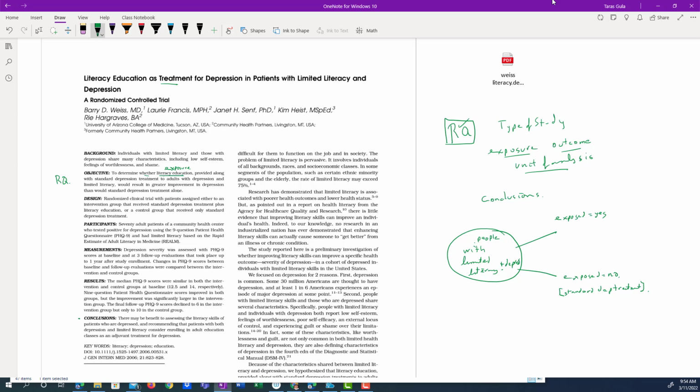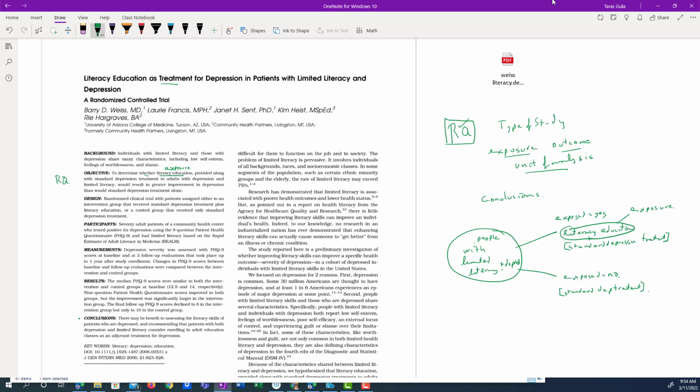And exposed is get literacy training, education, sorry, plus standard depression treatment. So they both get this standard depression treatment, but this is the exposure. You need to spell that out. It's separate from standard depression treatment.